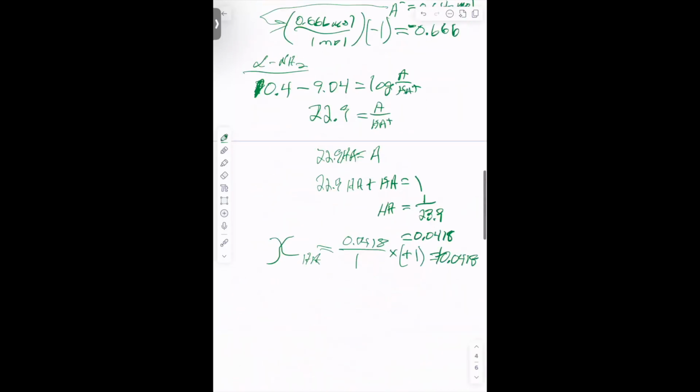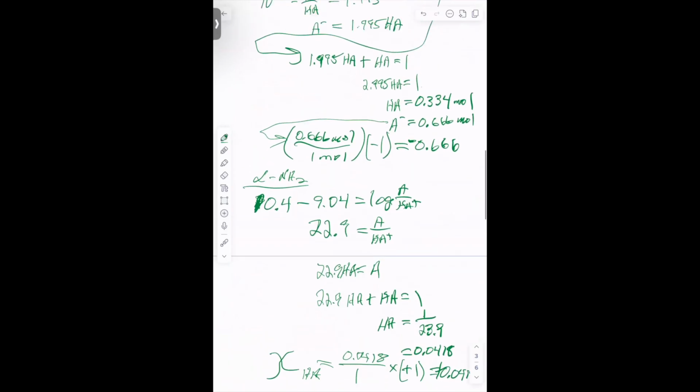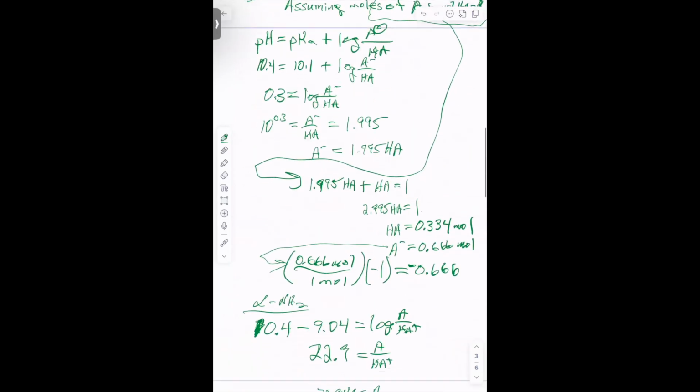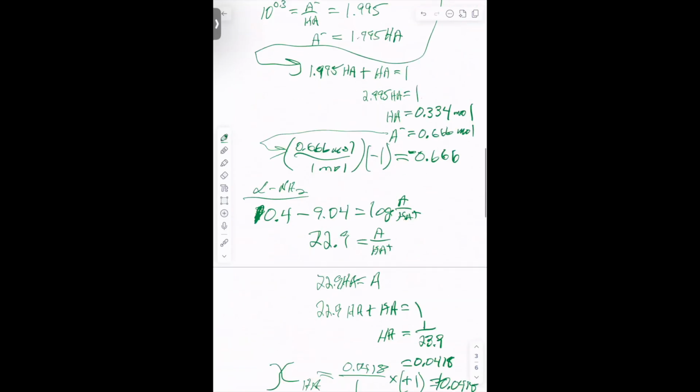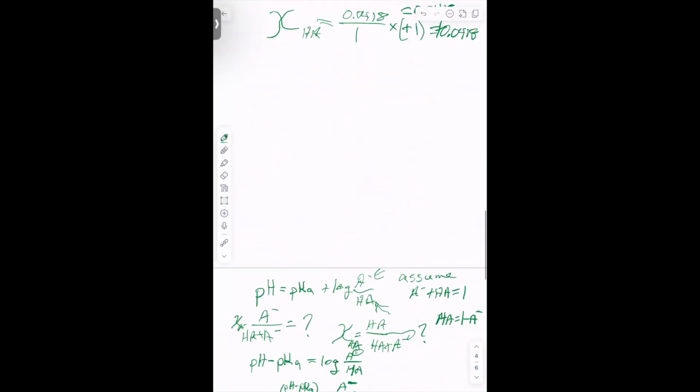So I can put in the values and let's double check. We did this one up here and we got minus 0.666. So let's put in the values now.